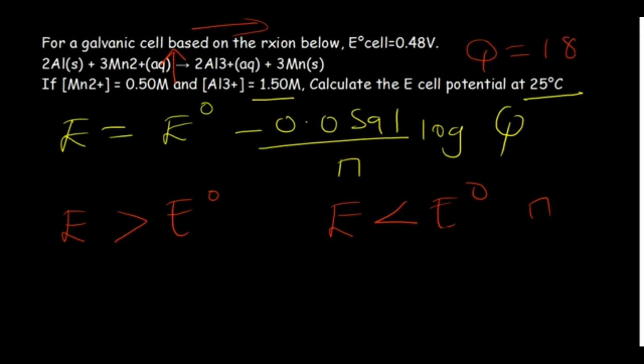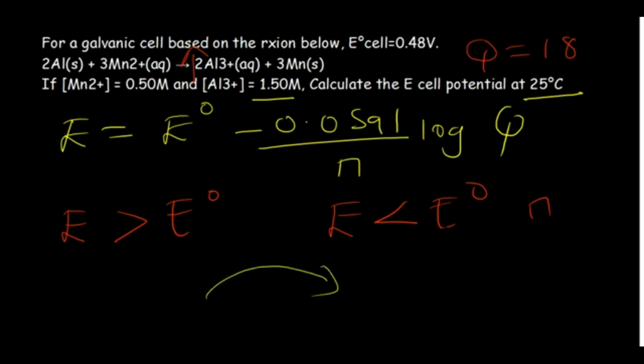Now, if you do the opposite and decide to increase the products, it's going to be difficult, because you're working against the reaction, the movement of electrons.